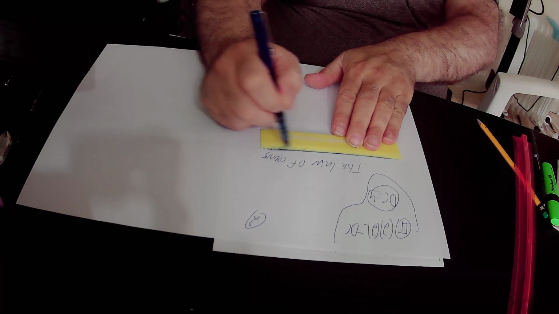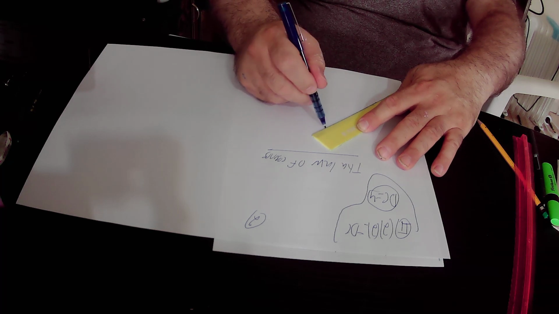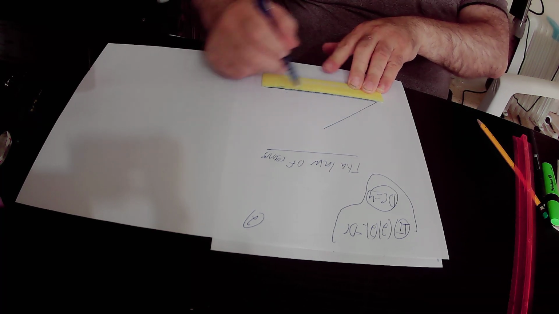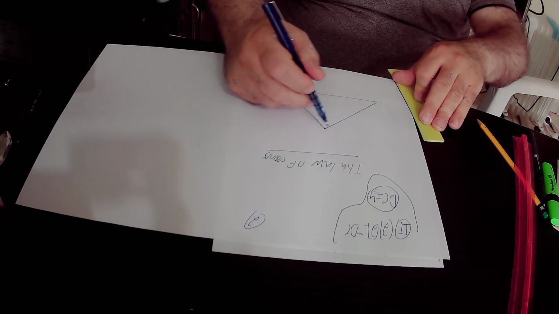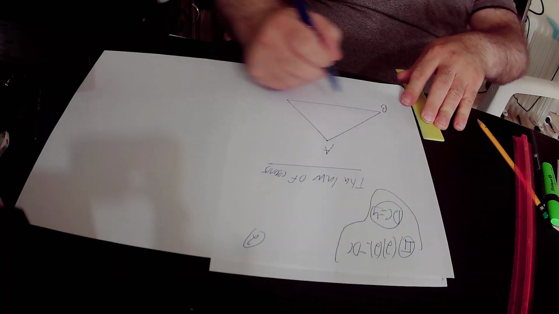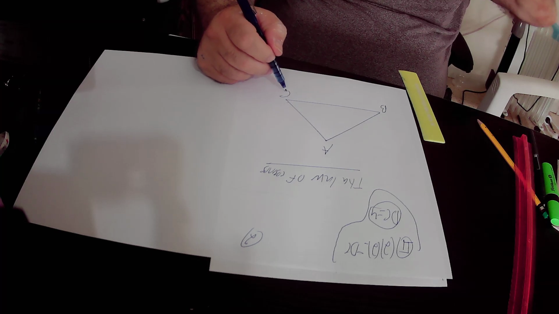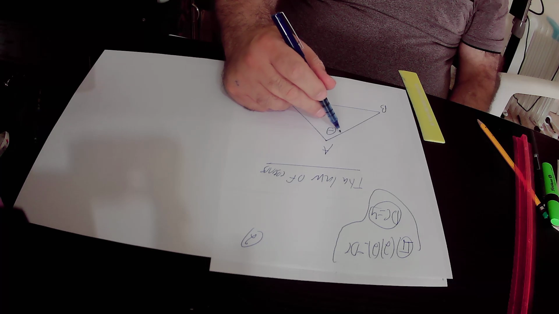If we have triangle ABC, that could be any triangle, this is angle theta.